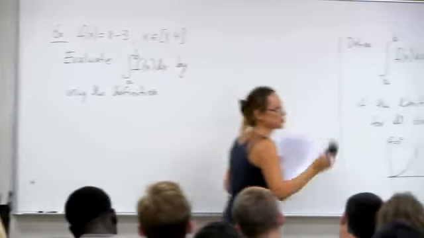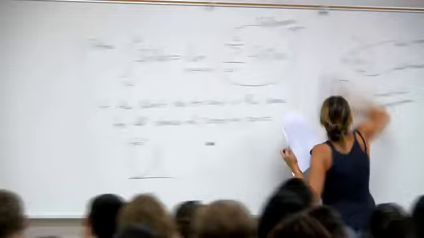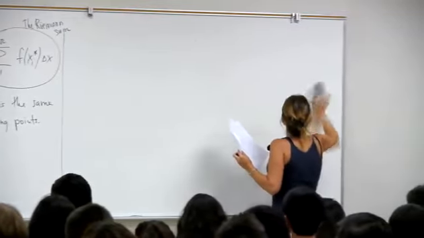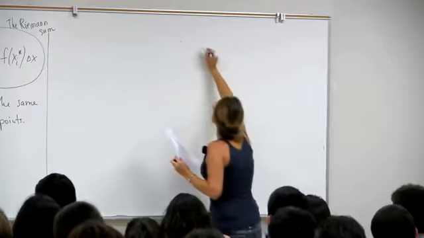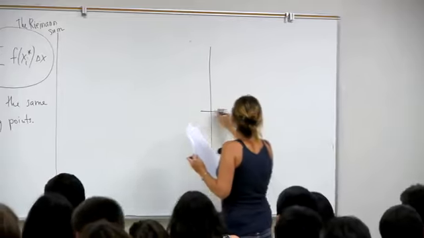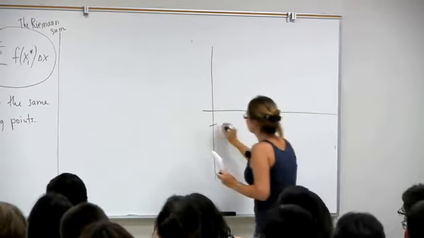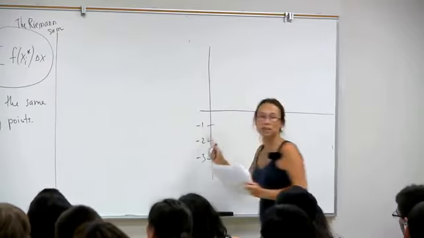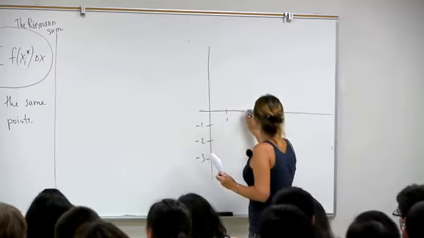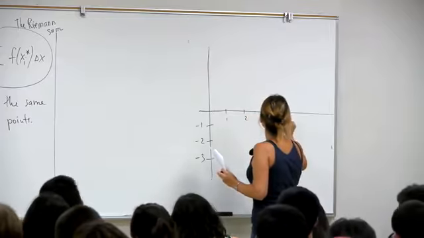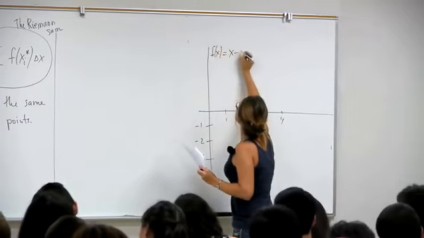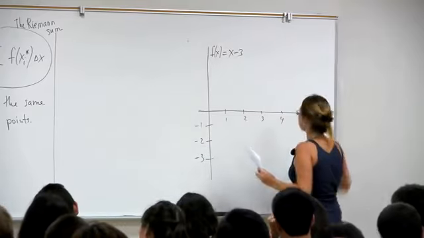Before I use the definition, I'm going to give you an answer. So this function is a straight line. And this is what allows me to give you an answer, or you're going to give me an answer. Okay? So let's plot f of x, which is x minus 3, as a function of x.